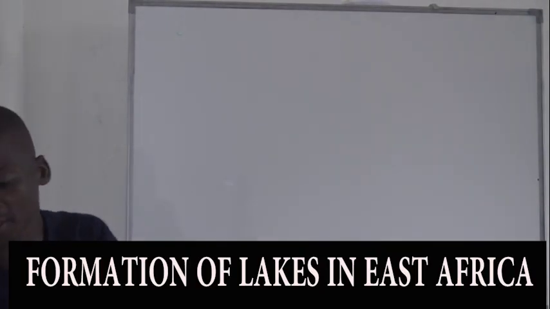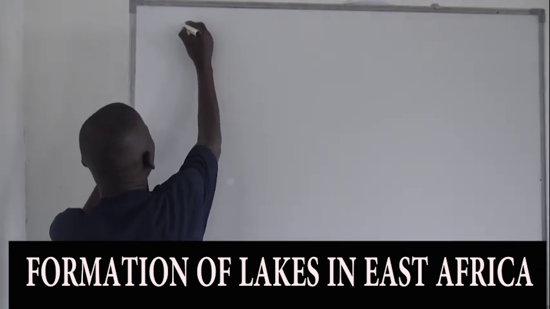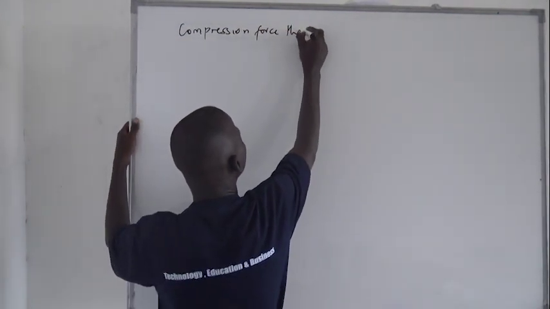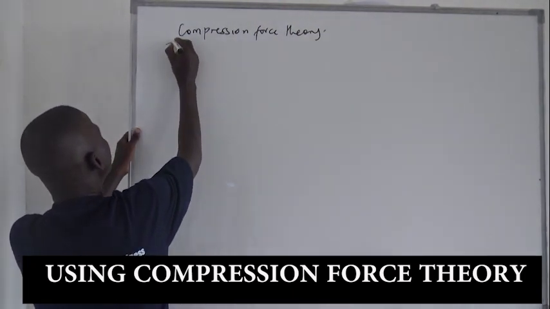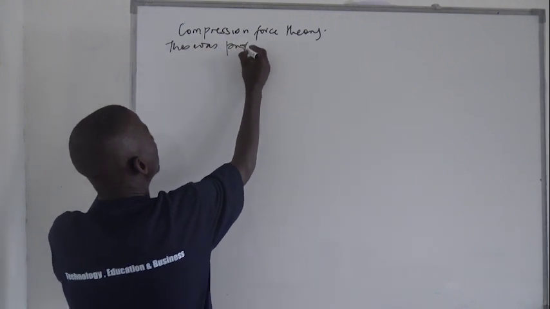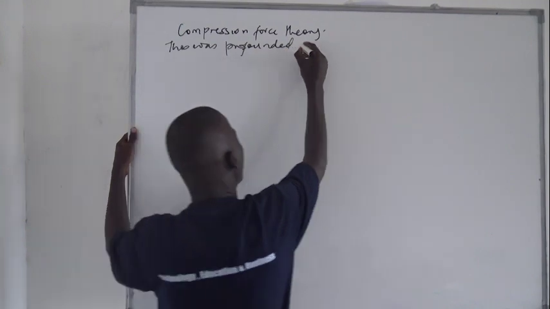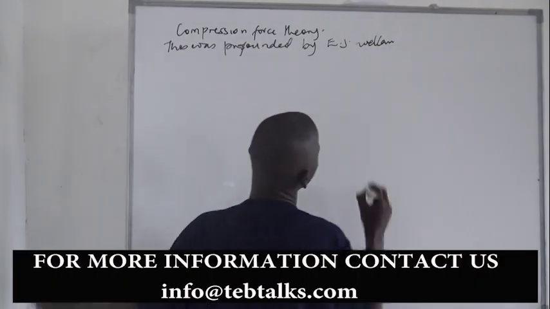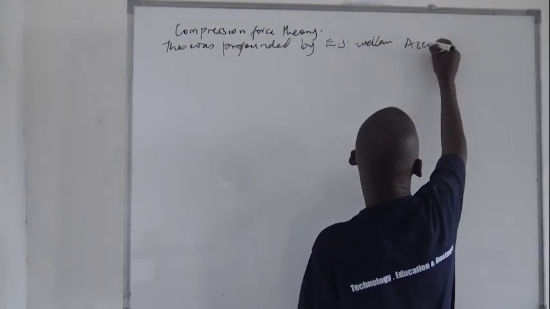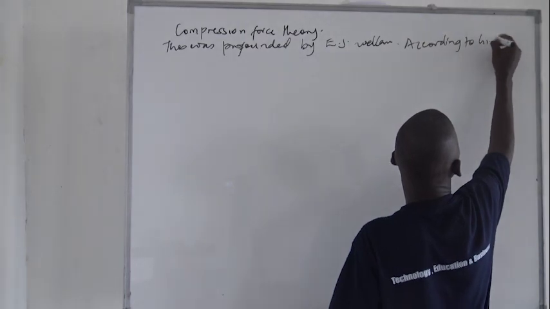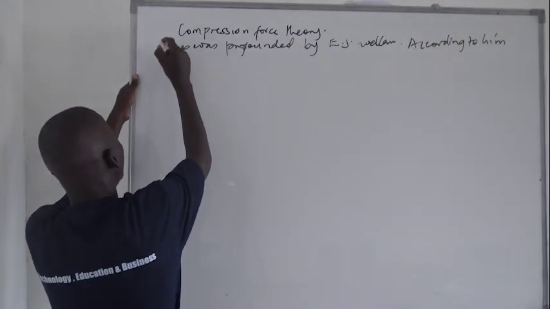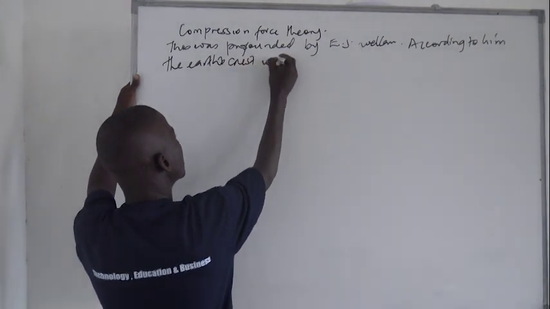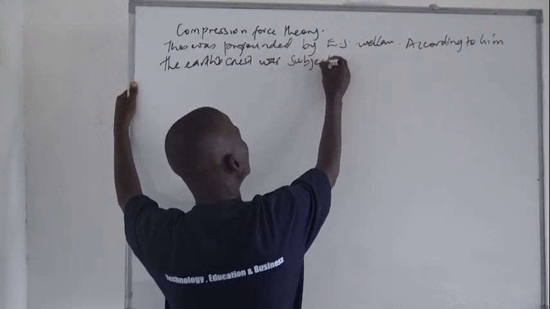Let us use the compression force theory to explain the formation of Rift Valley lakes. So this was propounded by a man called E. J. Whelan, and according to him, in the East African Rift, the Earth's crust was subjected to compression.